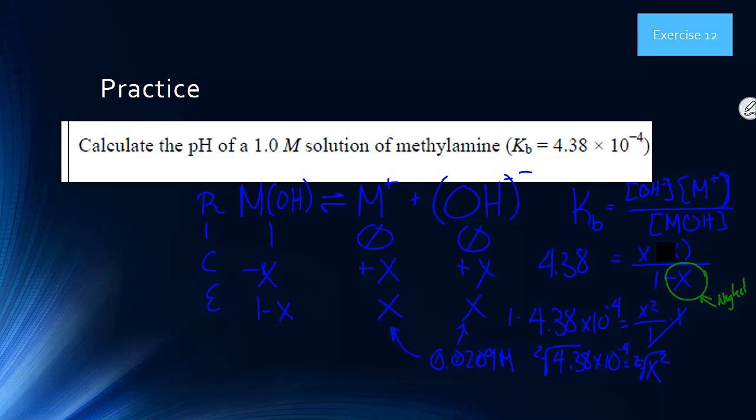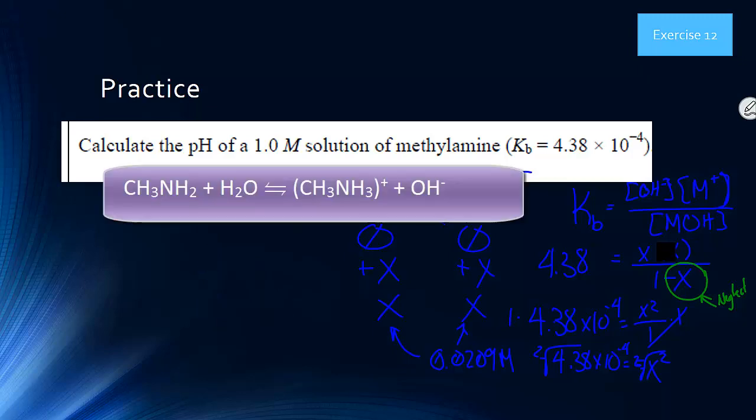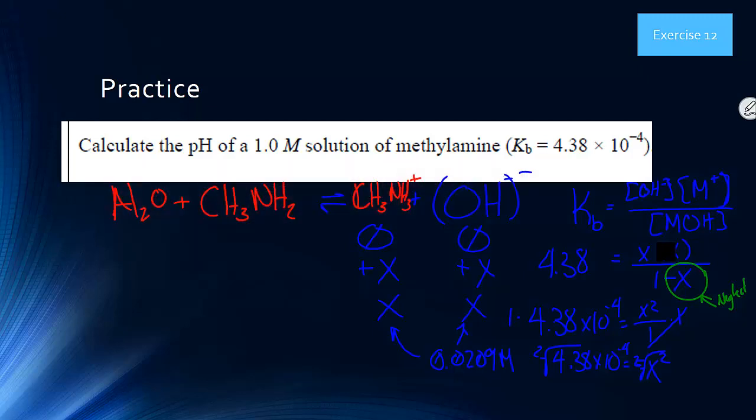If you're playing the home version of this game, methylamine is an amine group attached to a methyl. They'll pull off a hydrogen from it, making hydrogenated methylamine and the hydroxide ion. So the hydrogenated methylamine cation has a concentration of 0.02. But that's not important because the question wants to know what is the pH.